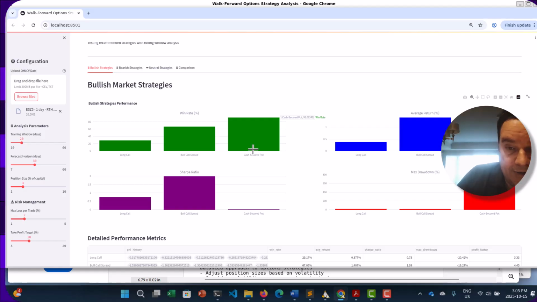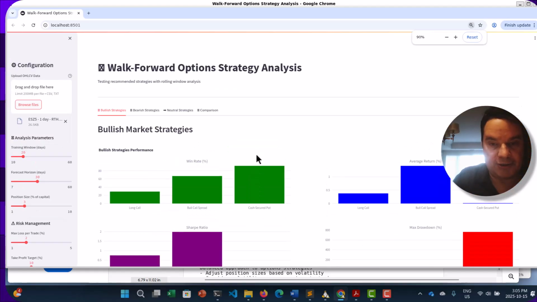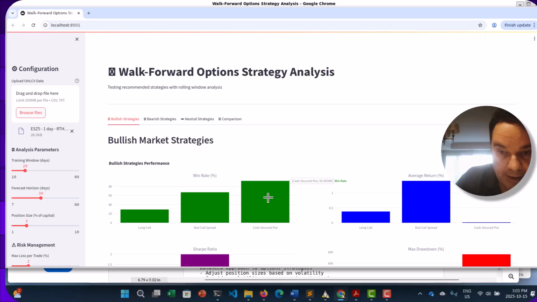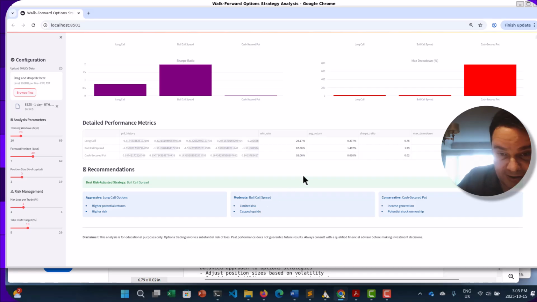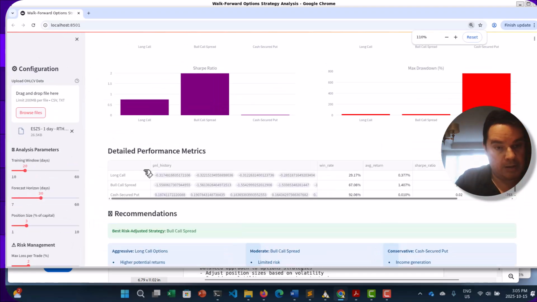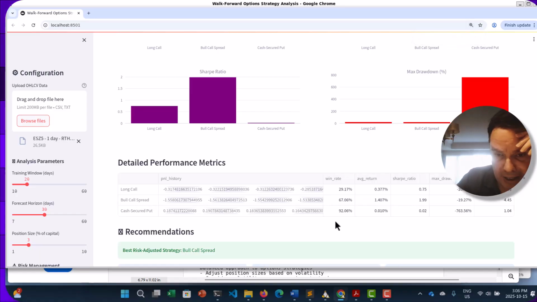You can see here, this one, the cash secured put, is the most lucrative. Okay. And here you have the average return, and this is the performance overall. So here's the metrics. Right here, you can see the win ratio, 92%.